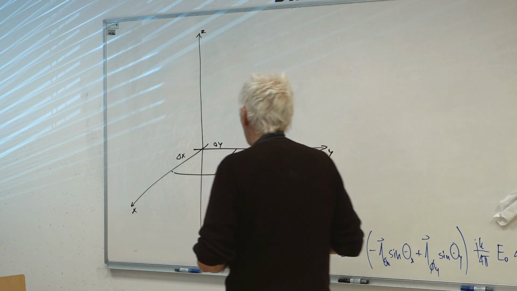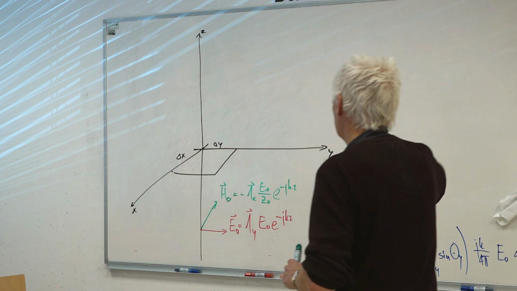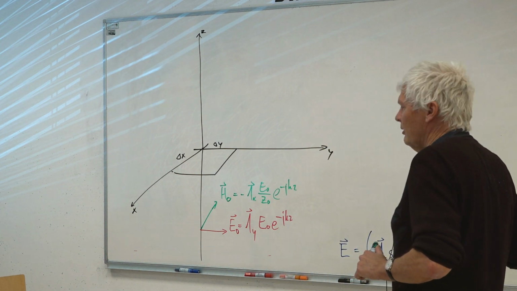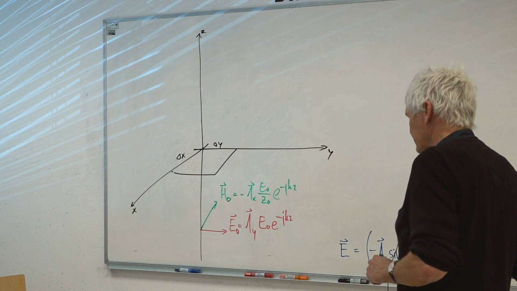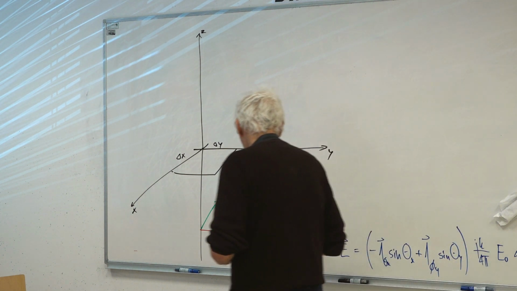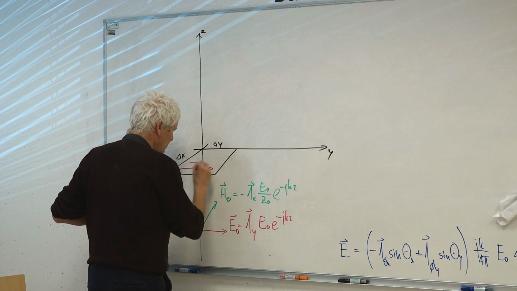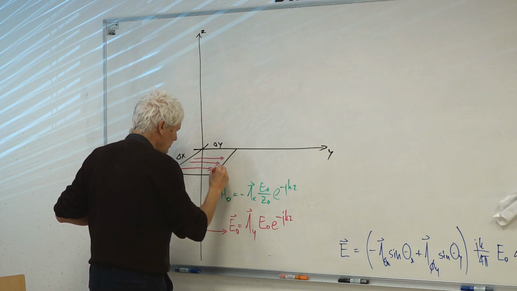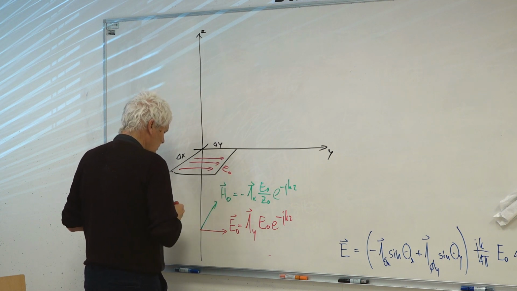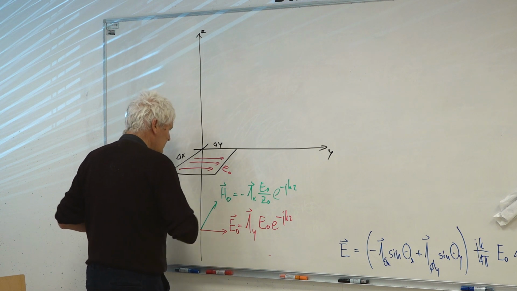So this is a plane wave coming from free space to our obstacle, to our screen. On the screen here I now have the electric field E0 in this direction, and I have the magnetic field H0 in this direction.